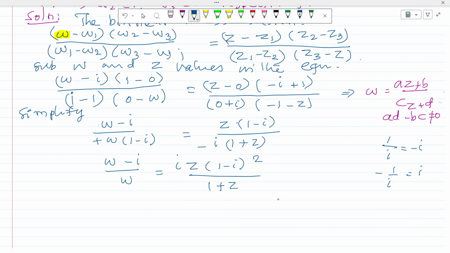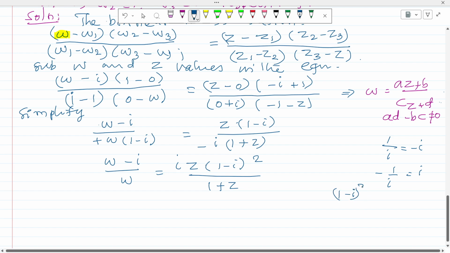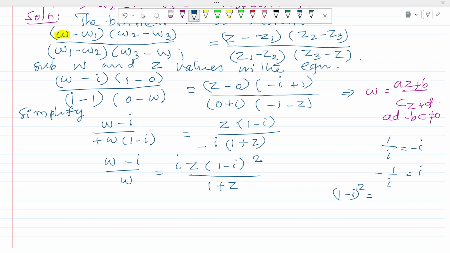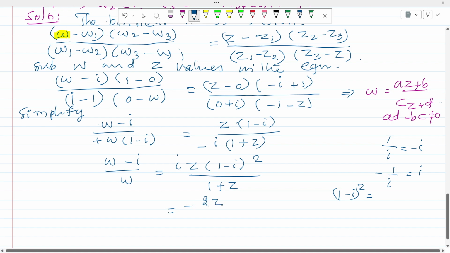Now what is 1 minus I whole square? 1 minus I whole square. 2y, yeah. Sorry, 2y only, na? 2y, already I is there. Minus 2z. Minus 2z divided by 1 plus z.